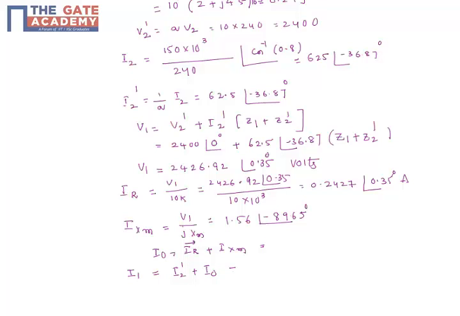If you simplify this, you will get a value of 63.65 at an angle of minus 37.86 degrees amperes. So this is the total input current of the transformer at the given loading.